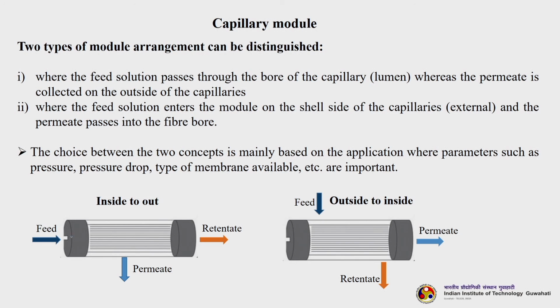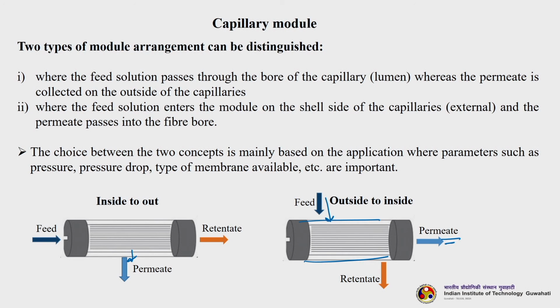In outside to inside, the feed solution enters the module from the top. If you imagine this as a particular shell, the feed is entering from outside the membrane, and the permeate is getting collected from the inside of the membrane.